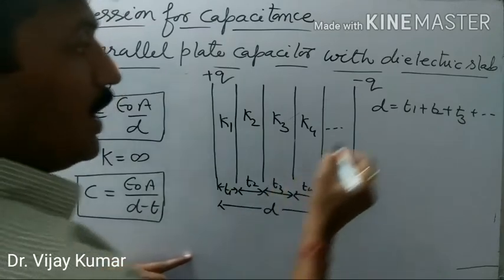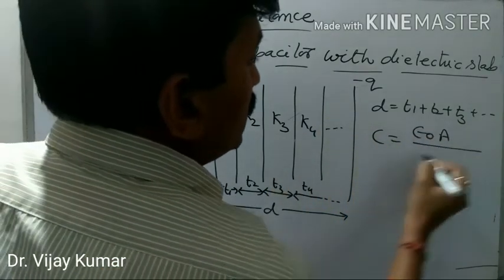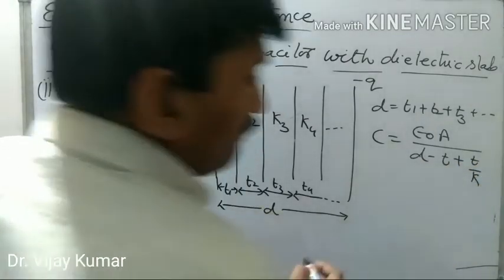We know that C is equal to epsilon naught A upon (D minus T plus T upon K).